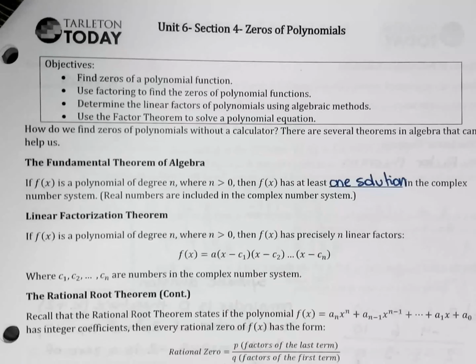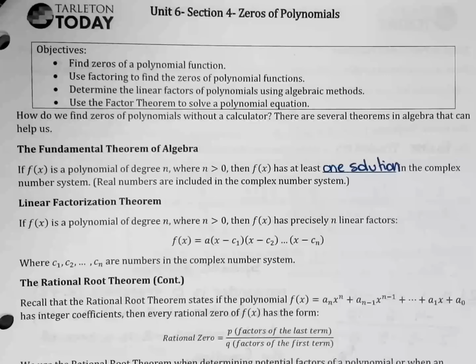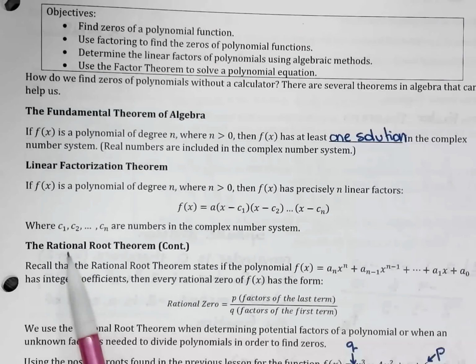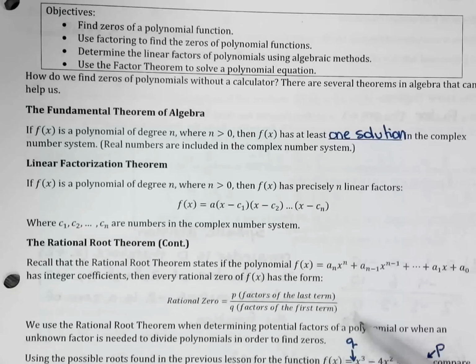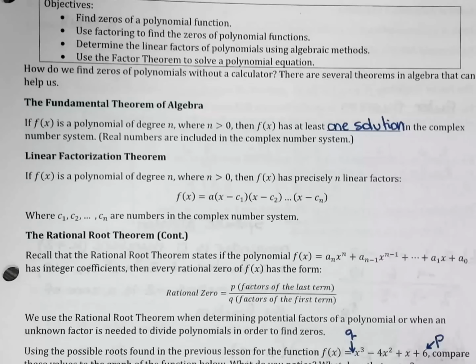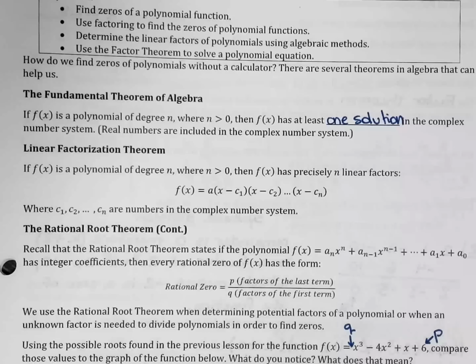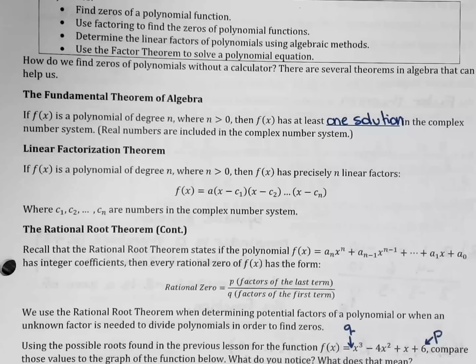We talked about factoring a polynomial. We know how to factor, or we should. The rational root theorem is from the end of Section 3, and I figured I would talk about it in Section 4 and actually do some examples, not just a random rational root theorem right here.